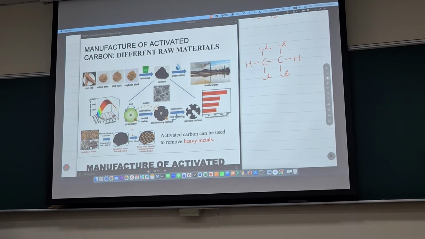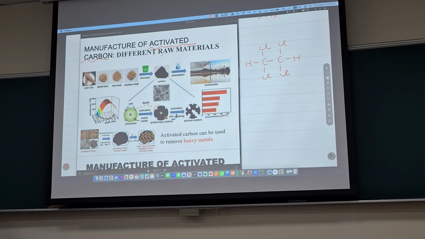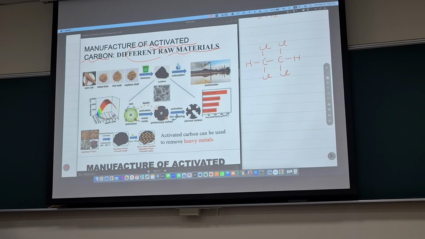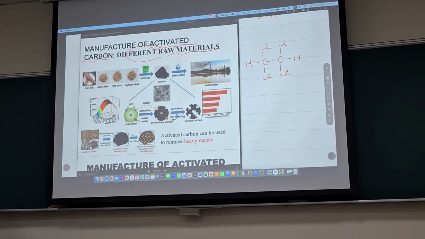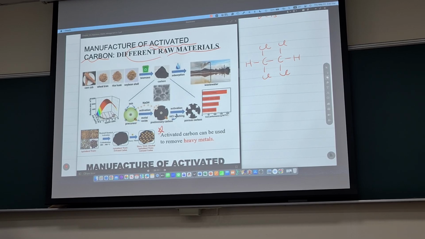The next slide shows you how to make activated carbon from different raw materials. You can use different materials to make different activated carbons. Activated carbon is very good for the removal of heavy metals.